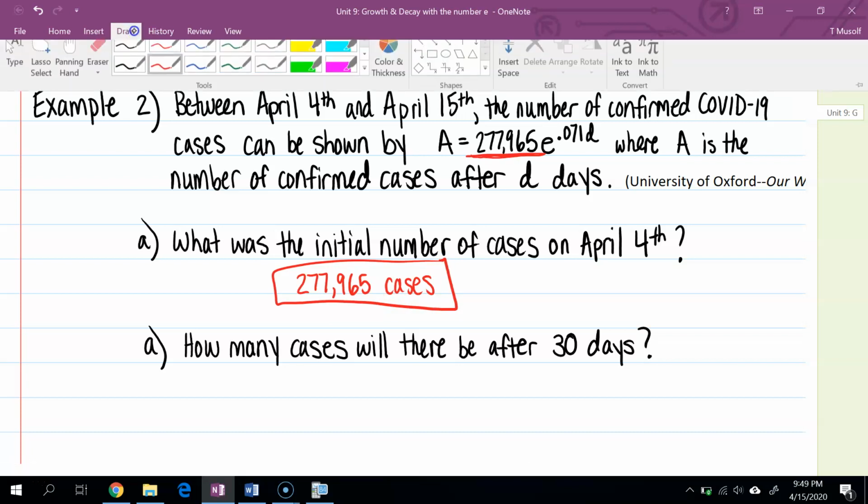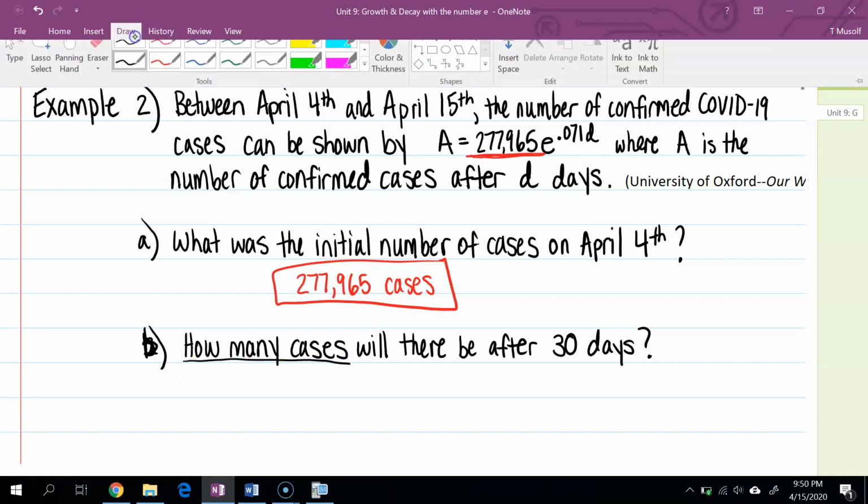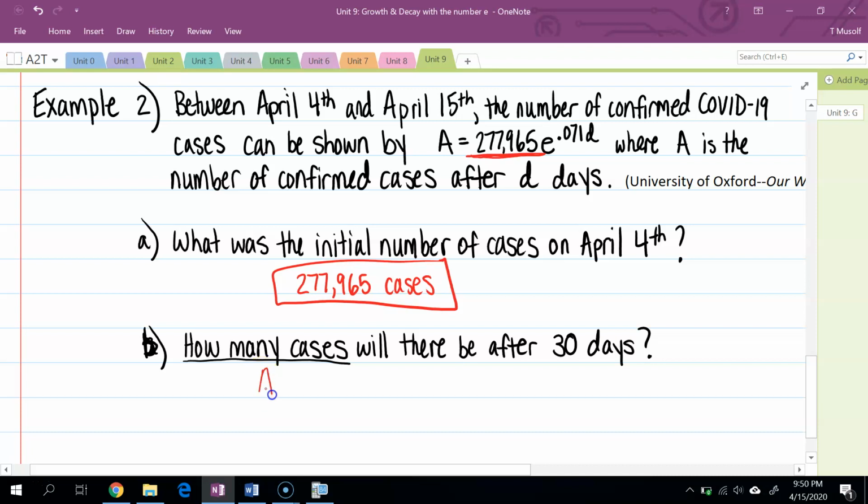This next problem, letter B, says, how many cases will there be after 30 days? The nice thing about some of these problems is if you're given the equation, then really it just becomes substitution. How many cases is asking us to find A, because that's what A represents, the number of confirmed cases.